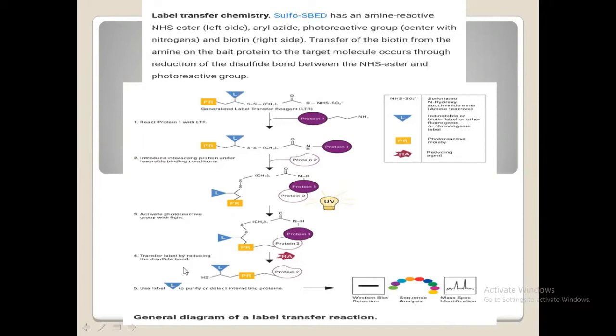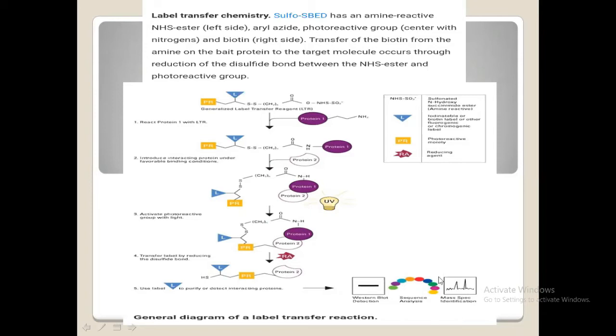So transfer the label by reducing the disulfide bond. If any disulfide bond is there, you reduce it by adding a reducing agent, and you see that these disulfide bonds will be broken and you will get fragments. So they are all separated: protein 2 fragment, protein 1 fragment, like that.